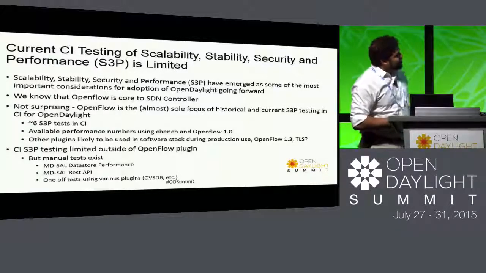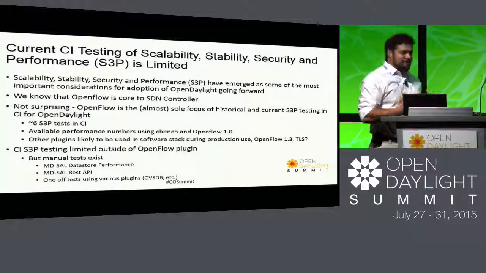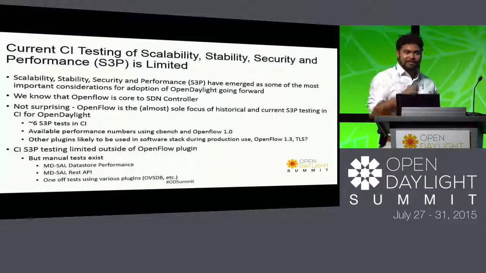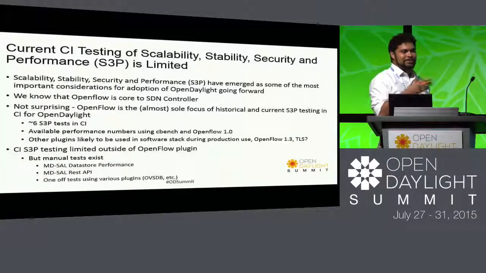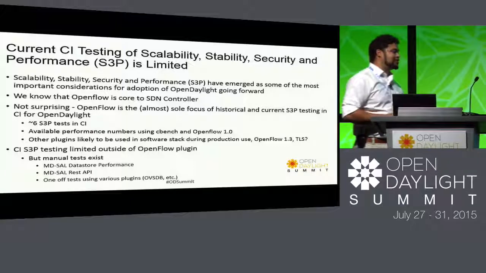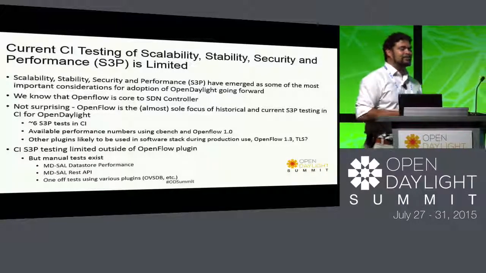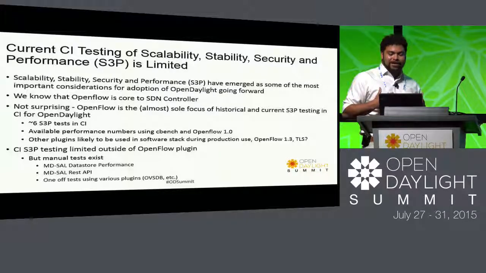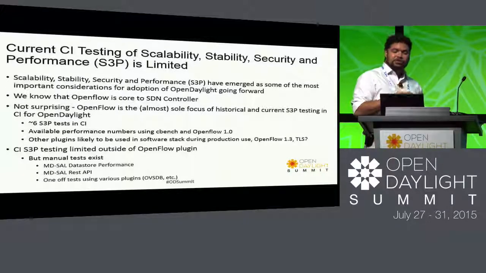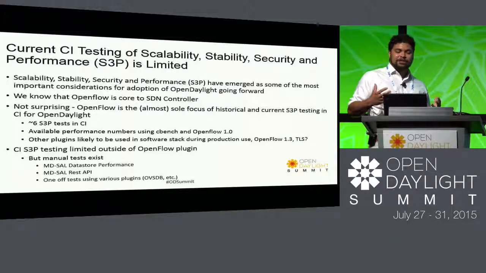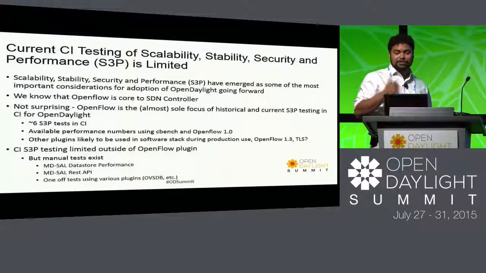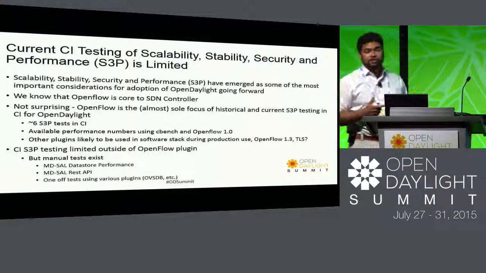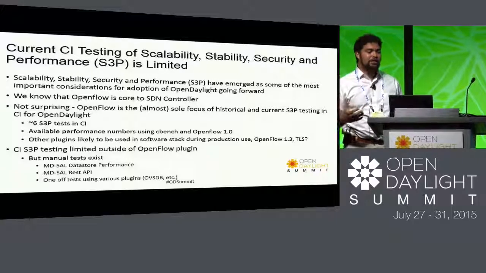So I'm hopeful that this is accurate, but since this community is ever changing, I actually had to change the slide about a half hour ago after I saw an actual presentation at an OpenFlow program, because I hadn't known about a couple of the tests. But I guess what I'd like to say is that there's currently a limited amount of scalability, stability, security, and performance testing happening in Open Daylight right now.